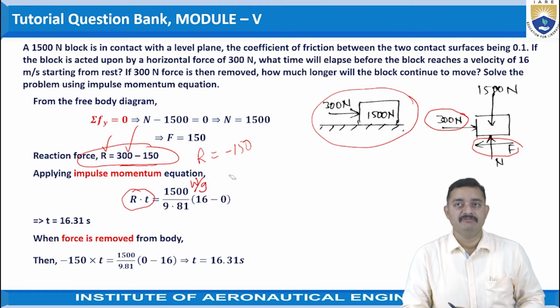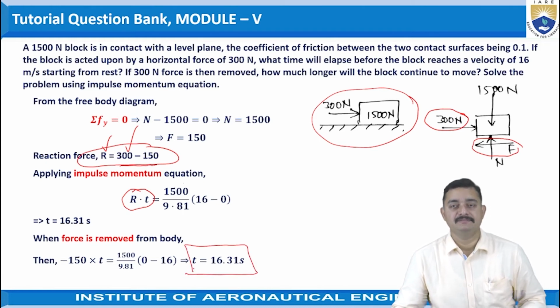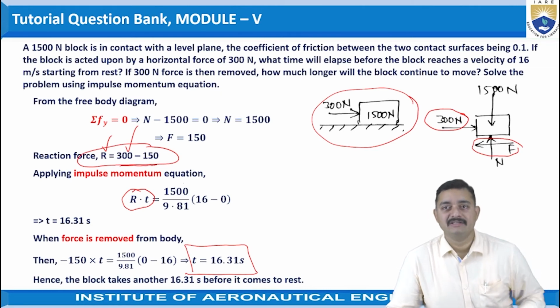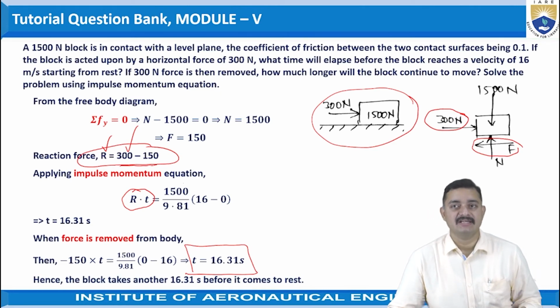In this way, when you solve, we get the value of t as 16.31 seconds. So, we have obtained the time at which the object will come to rest. The block takes another 16.31 seconds before it comes to rest.